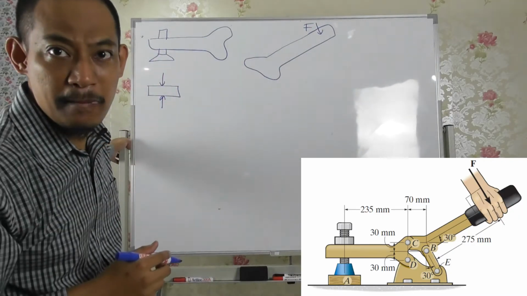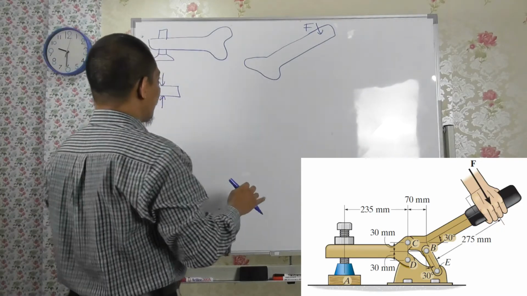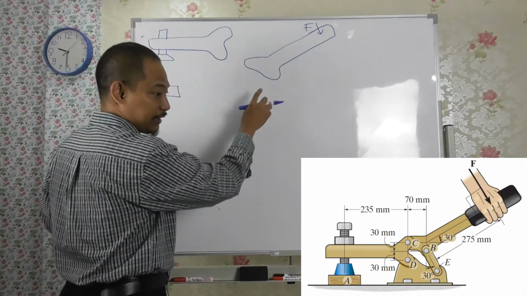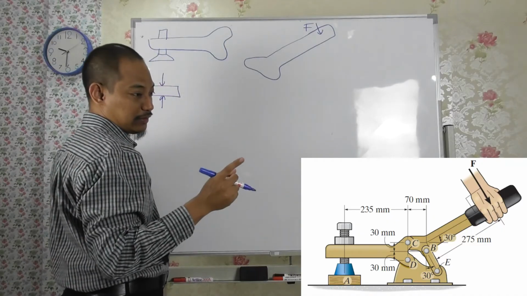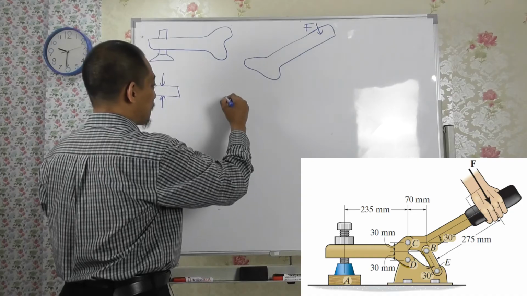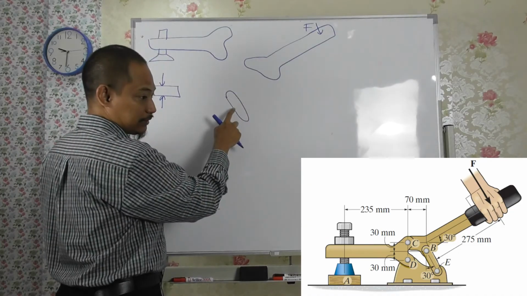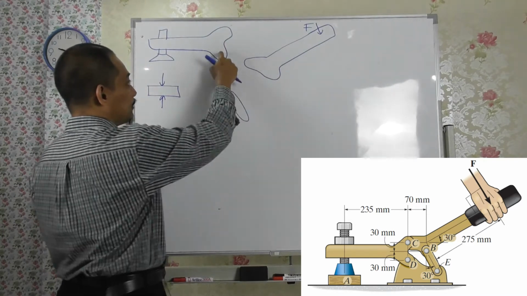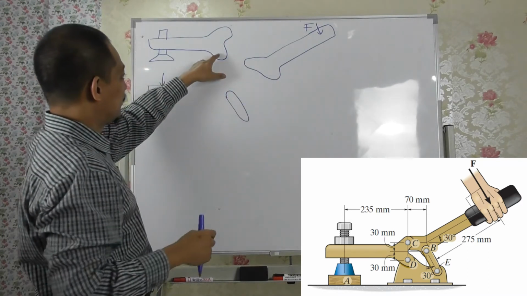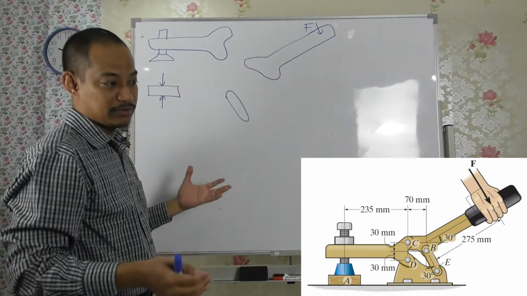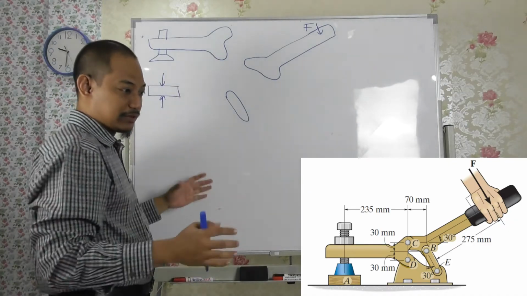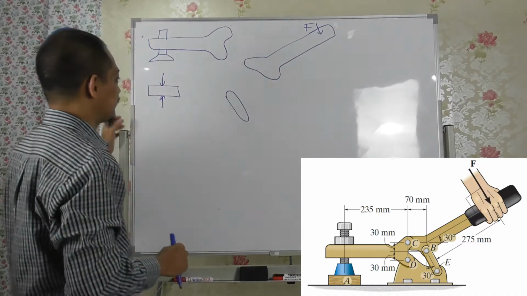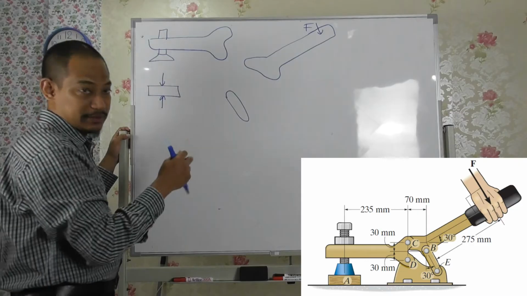Is this clear? I'm sorry, I want to save space here for calculation. And then you also have to notice that there are two force members there, right? This is the member BE, connected here, and this connected here. And the base, where you are connected to the base, is not important because that's just bolted to the ground, so you can eliminate that one. So these are the members that you have to understand.